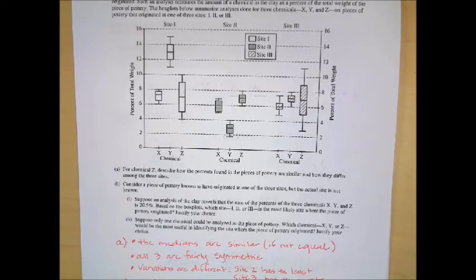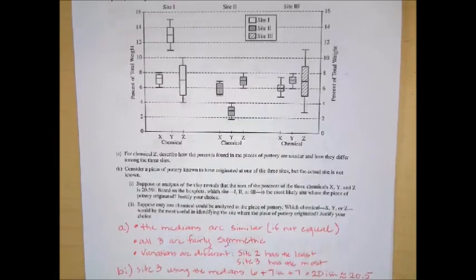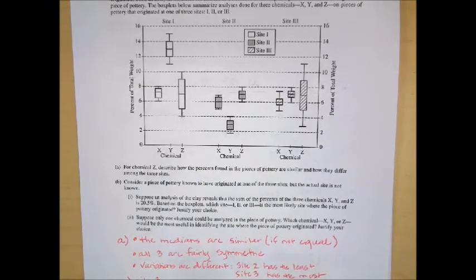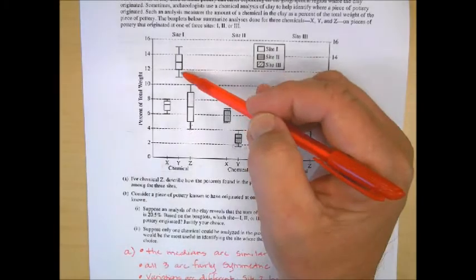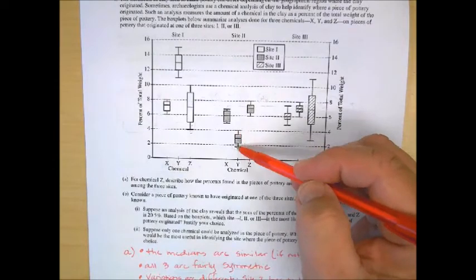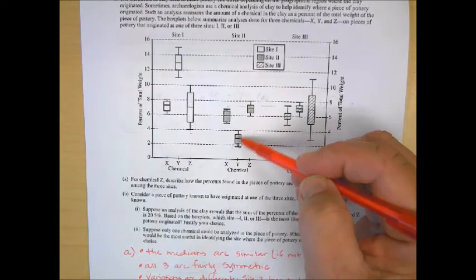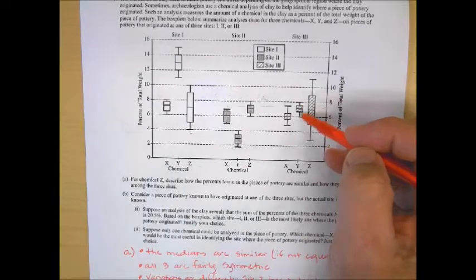And the answer is chemical Y. Because there's no overlap. Look where chemical Y is in site 1. It's way up here. Look where chemical Y is in site 2. It's way down here.